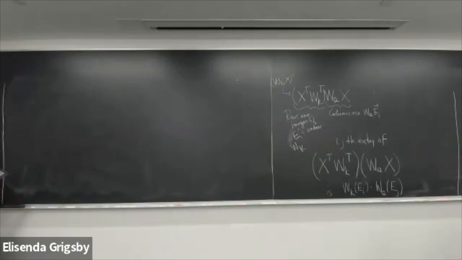We want to turn this into a matrix where the columns are probability vectors, but we want to do it in such a way that it's going to be upper triangular.